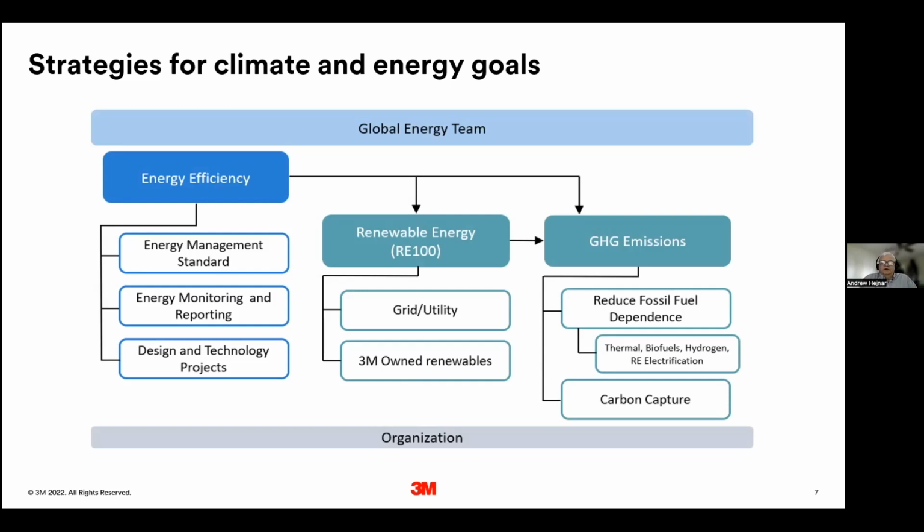And for greenhouse gas emissions, we need to reduce fossil fuel dependence, and we can do it through fuel switching. We can use thermal, biofuel, hydrogen, geothermal, solar thermal, renewable electrification, and also we started investigating carbon capture technologies.